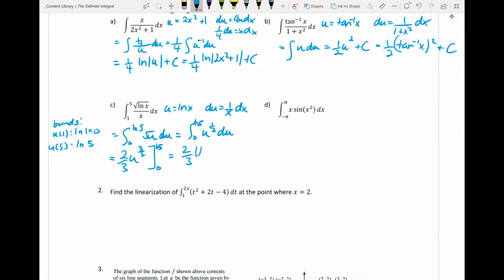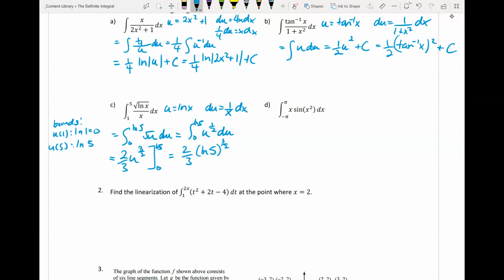Okay, so it's 2 over 3 ln 5 to the power 3 over 2 minus 0. And I'm just not going to write that down. So I'm just going to leave that as our final answer.